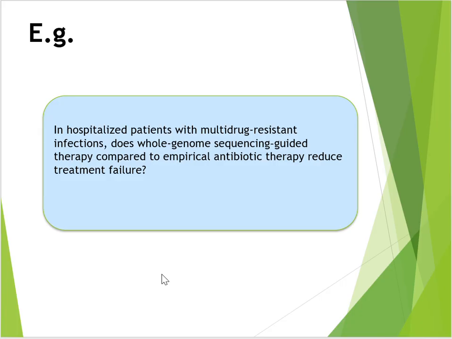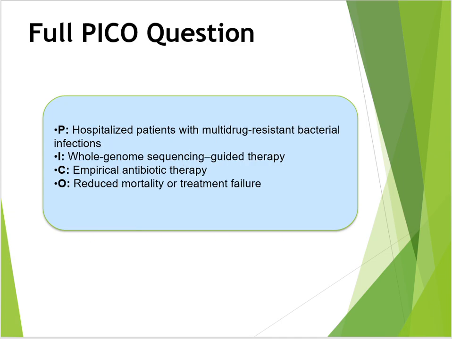And then what is our intervention? It is still whole genome sequencing guided therapy. And then the comparator is the empirical antibiotic therapy. And then our outcome, our result, is we are trying to see whether we will find a reduced treatment failure. So hospitalized patients with multi-drug resistant bacterial pathogens are our population.